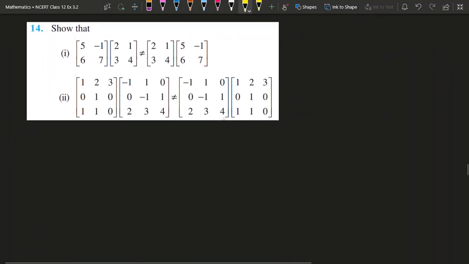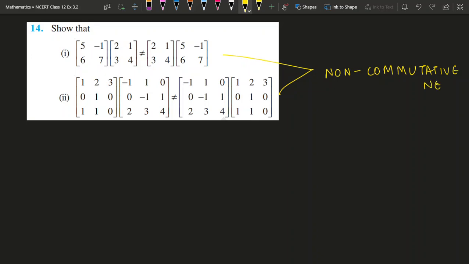So this problem right here essentially tells you to show the non-commutativeness of matrix multiplication in matrices. And you can easily do that.